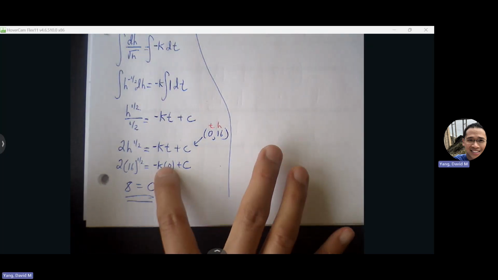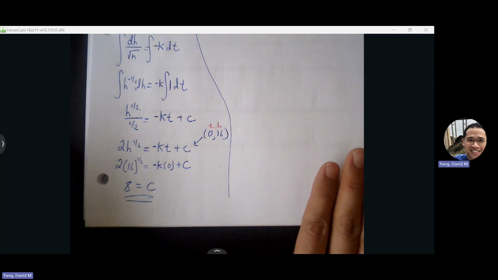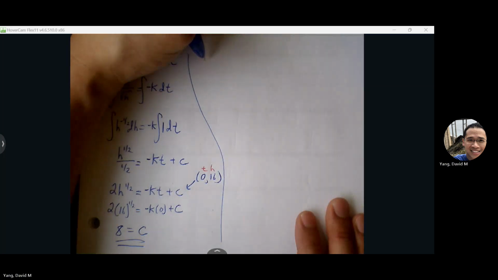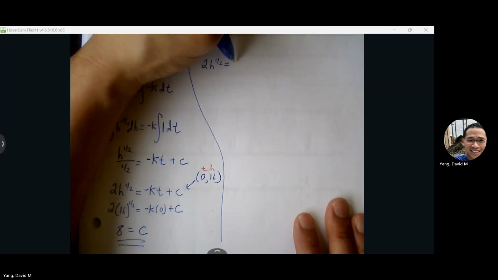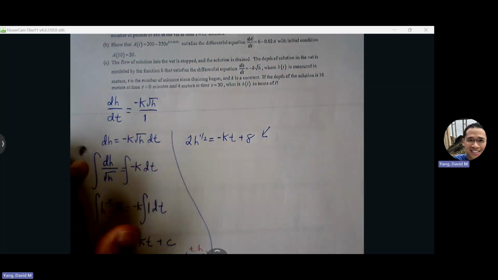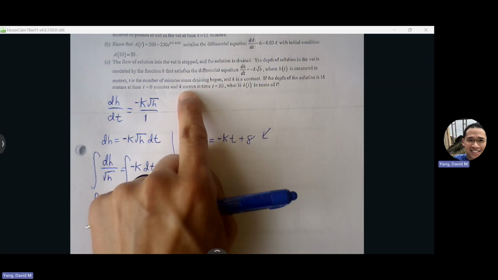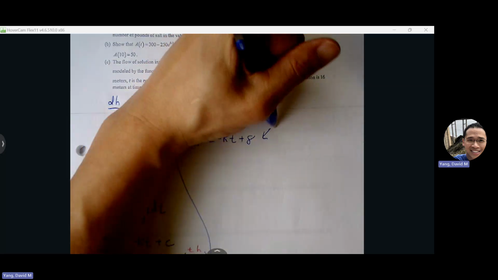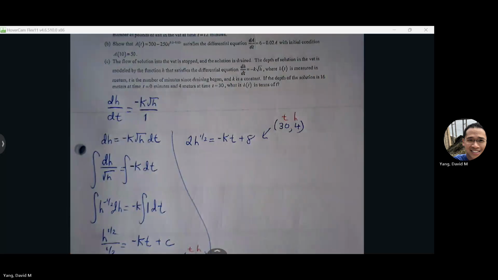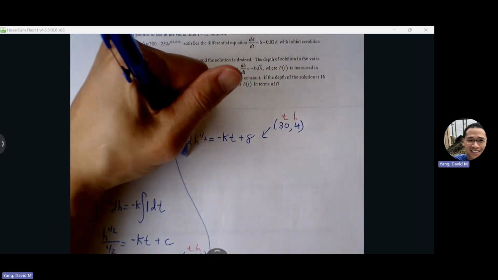So now let's update the equation and use the other ordered pair to solve for k. They also give us an ordered pair of 4 meters at t equals 30. Get that out of the way as well.